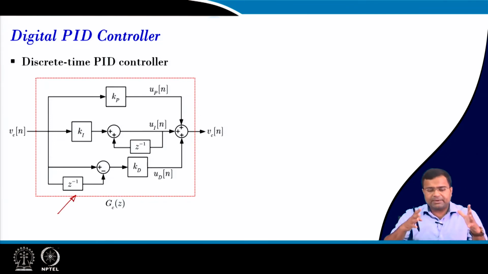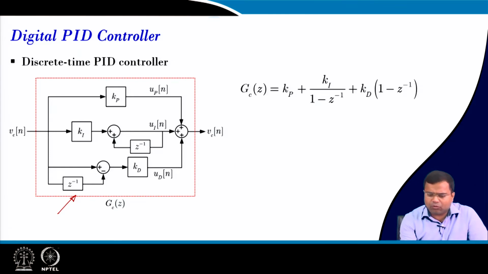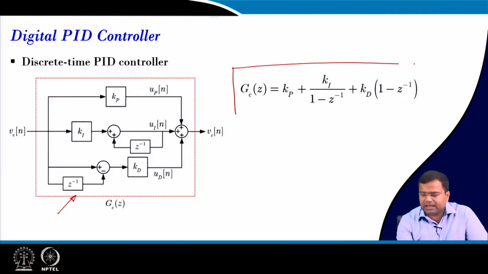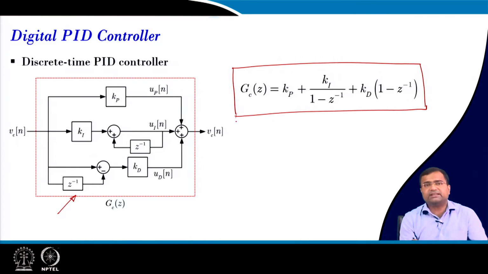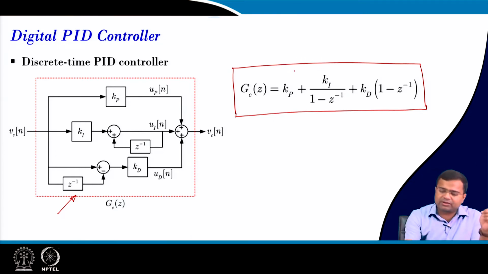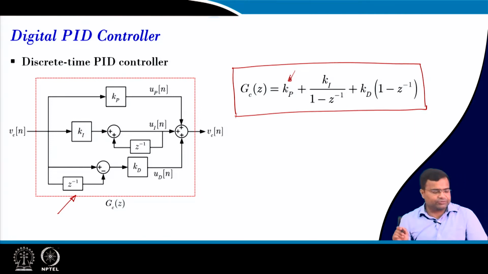That means the digital PID controller can be realized using unit delays and also the gains. And this is the overall transfer function, and in the previous class we plugged in this transfer function directly from a transfer function block, where we can plug in these parameter values.